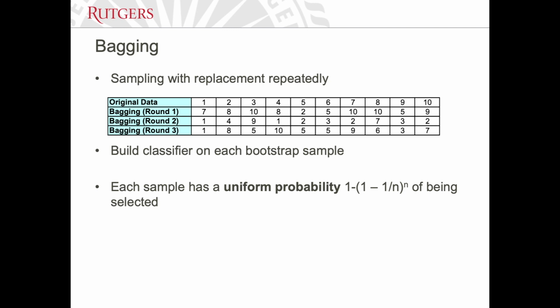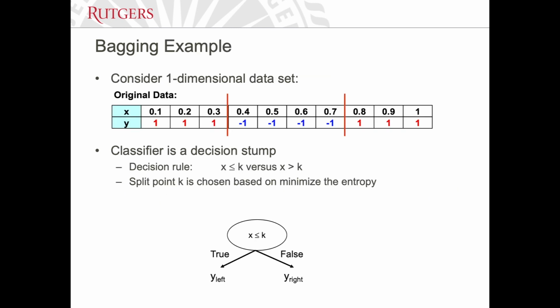To illustrate how the bagging method works, consider the data set shown here. X is a one-dimensional attribute. Y denotes the class label. Suppose we apply a classifier that includes only one-level binary decision trees with a test condition x less than or equal to k, where k is the best splitting point with the smallest entropy.